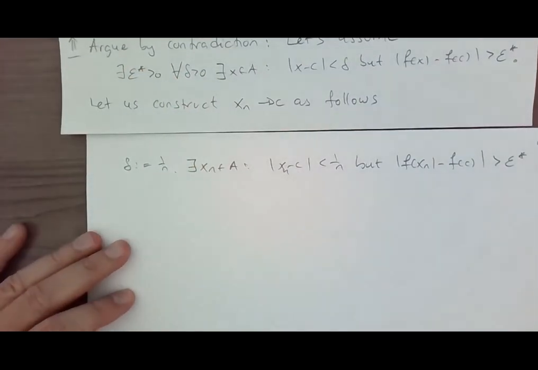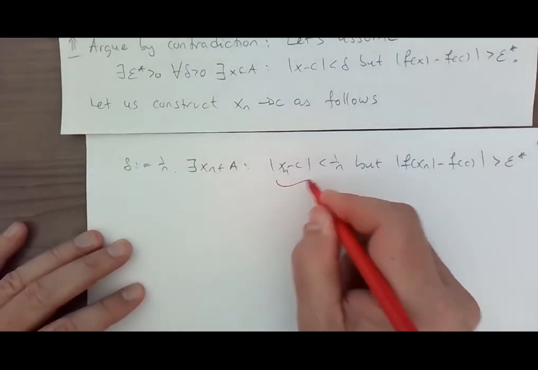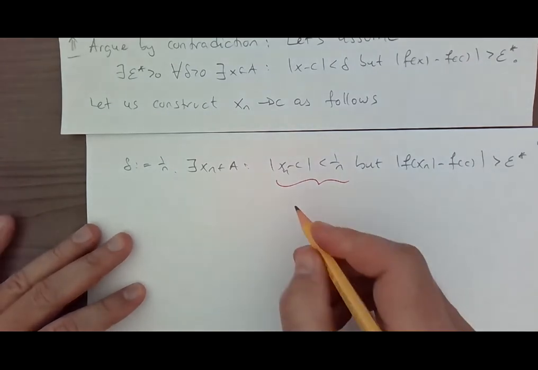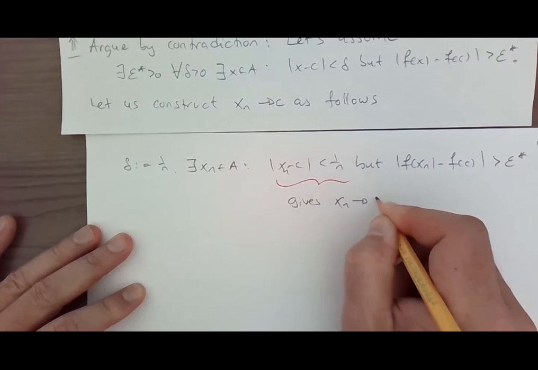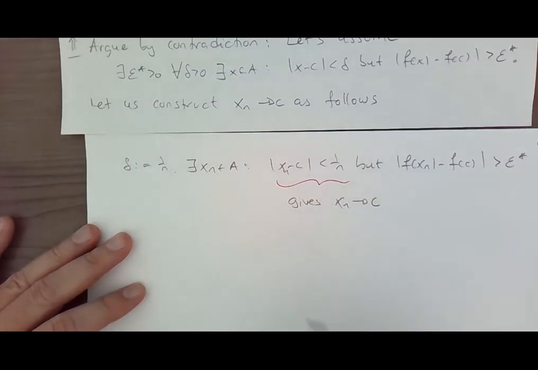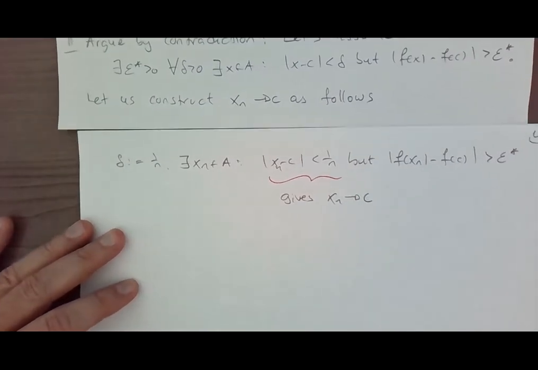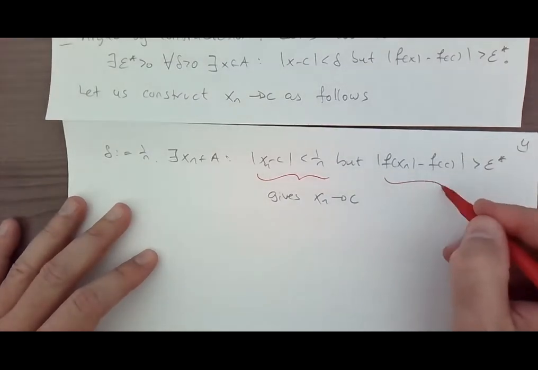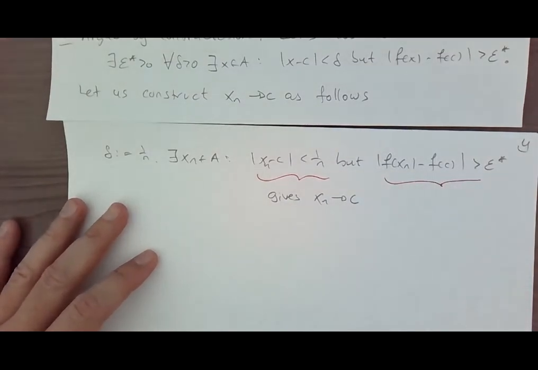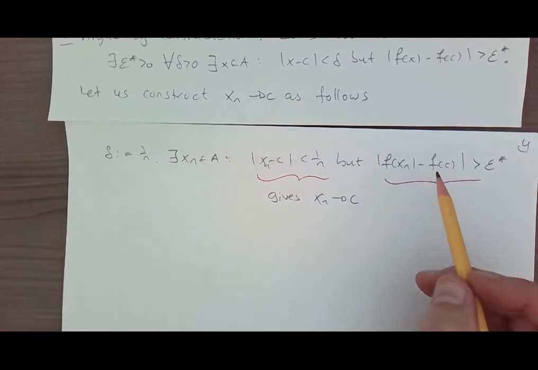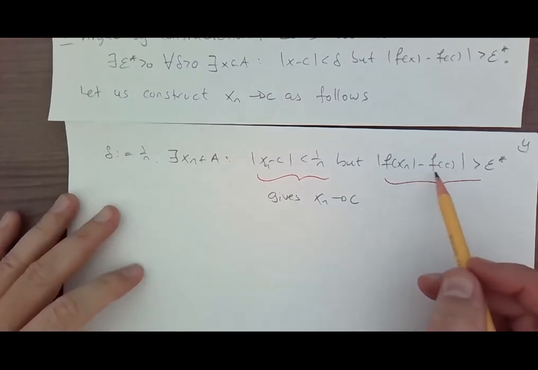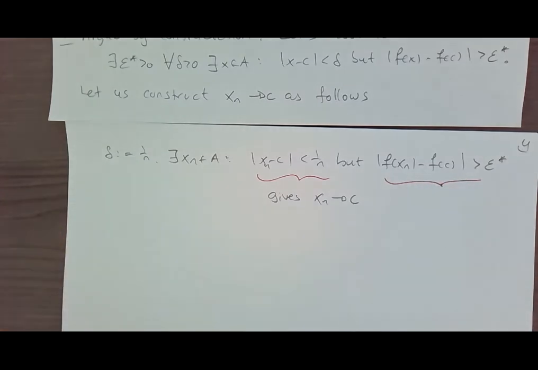Right, so the first part gives us that xn converges to c. And this part here gives us that the f of xn's do not converge.